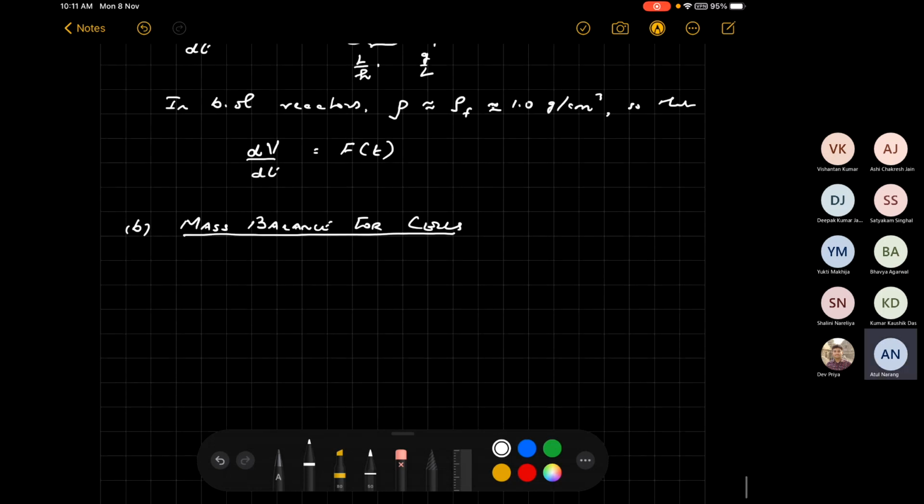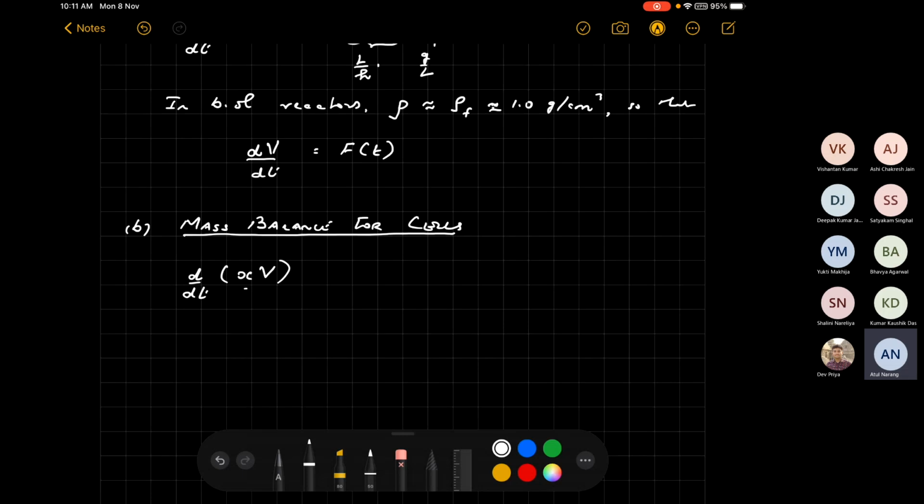For cells, we're going to first take a look at how the total biomass in the reactor changes. The cells live in the liquid phase. The volume of the liquid phase is V, and the concentration of the cells is X grams dry weight per liter.